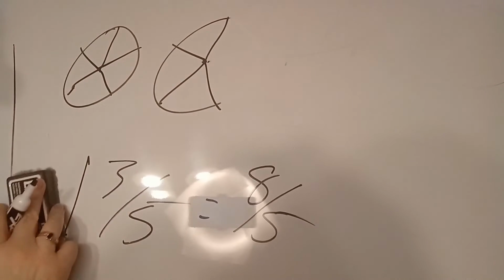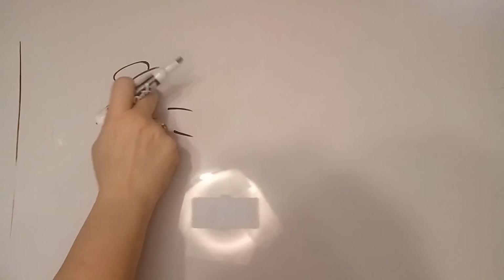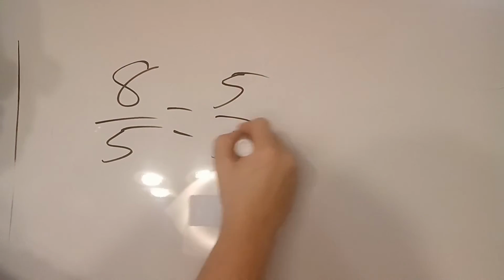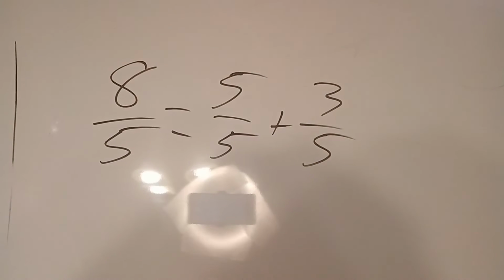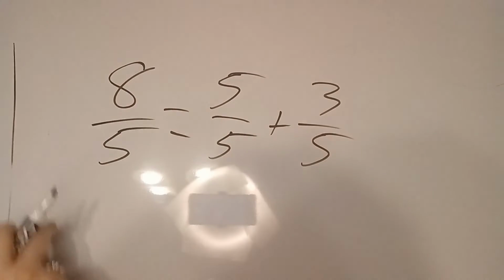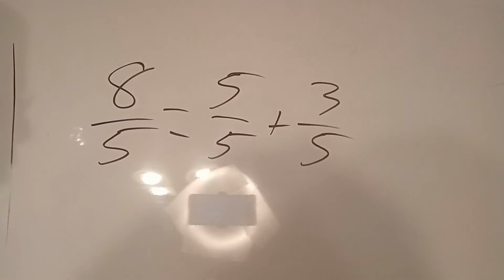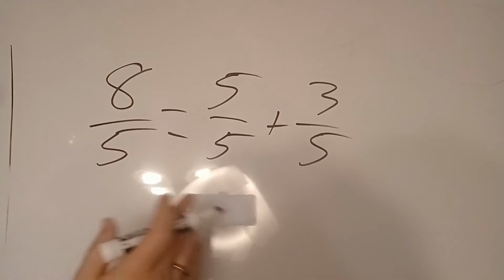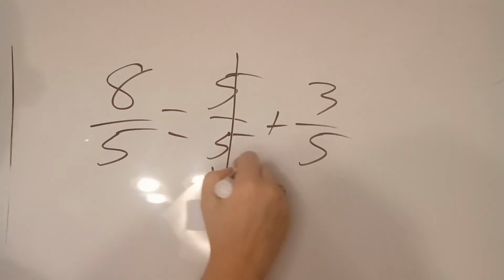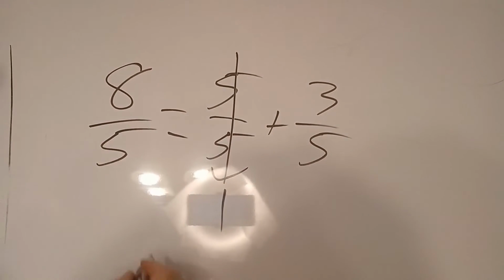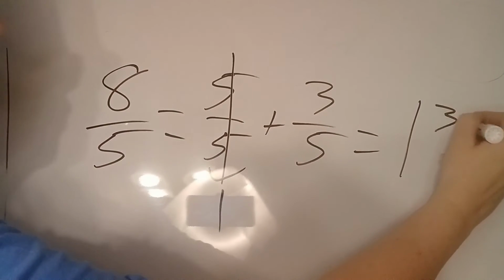Now we go the other way by subtracting 5 out of this 8. 5/5 plus 3/5 make 8/5. All we're doing is taking our pile of fifths and separating them out into 2 piles. This is 1. So we have 1 3/5.